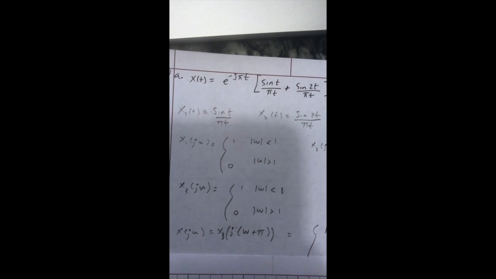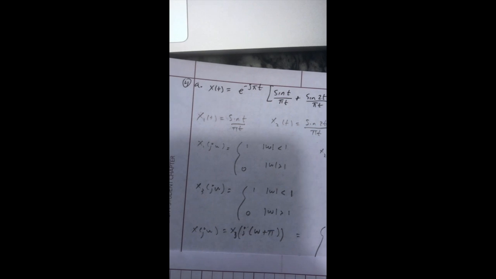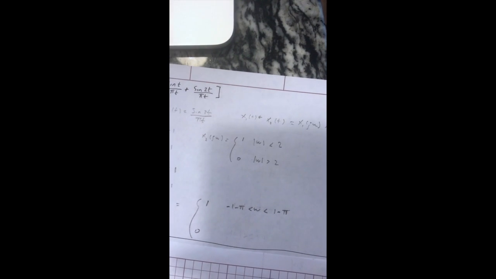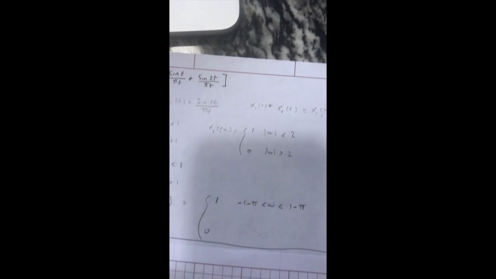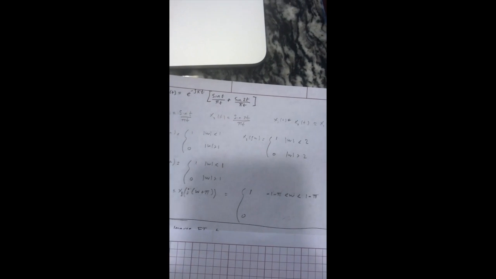So basically all you're going to do is add pi to your expression of x3 of j omega, which will potentially change the bounds. And your new bounds will be from negative 1 minus pi, with omega in the middle, to 1 minus pi. You're shifting it to the left by pi. And that's pretty much the solution for this problem.